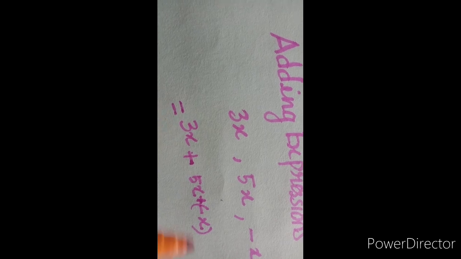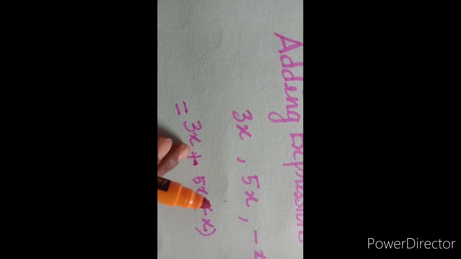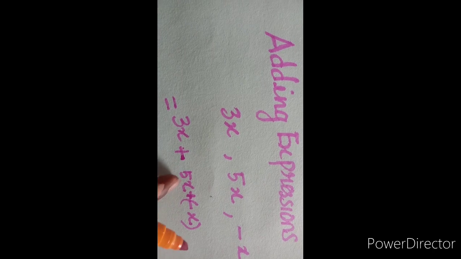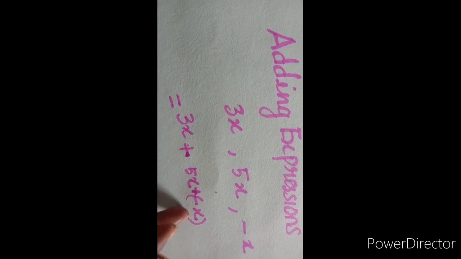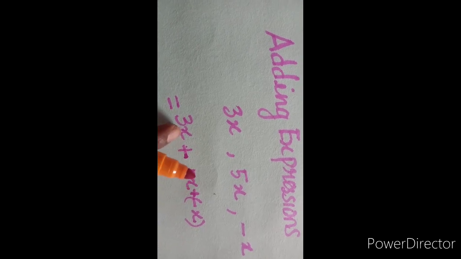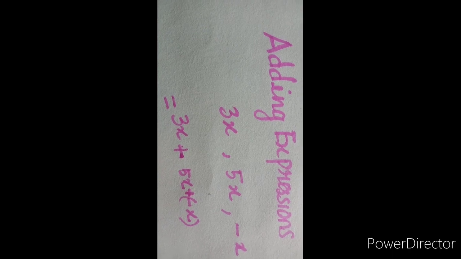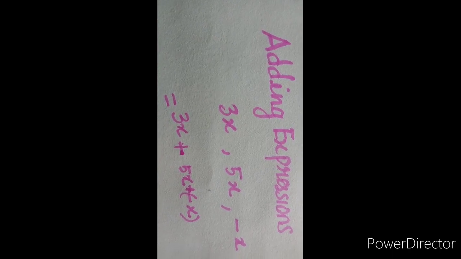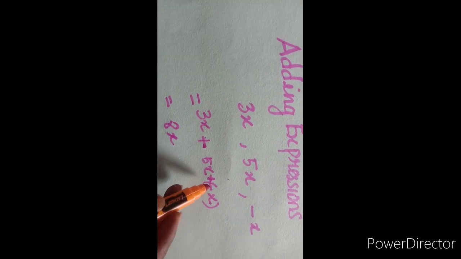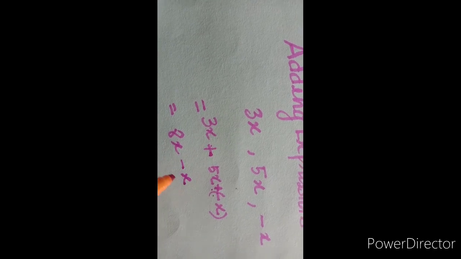So we know that like terms have to be added first. What are called like terms? Terms which contain the same variable. So here all the variables are the same. So you can add the positive terms first. 3 plus 5, 3x plus 5x is 8x, plus into minus, minus x.